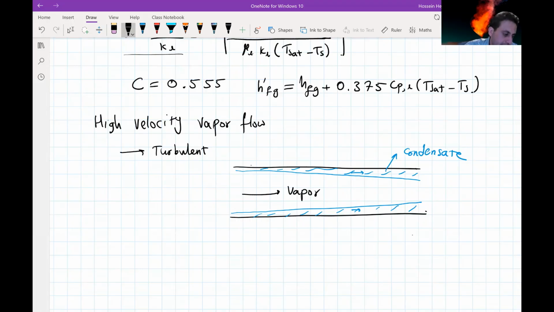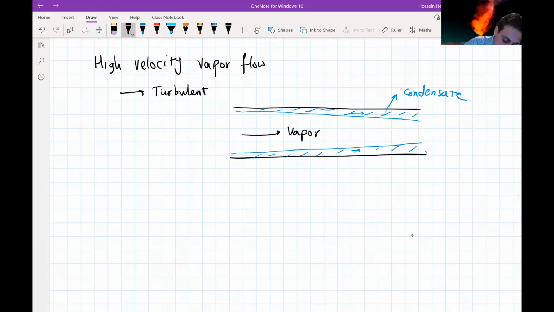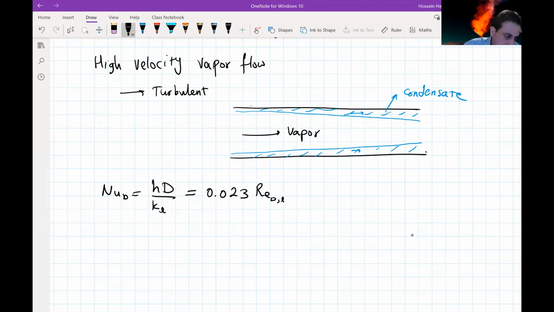The way we find this for this system is the Nusselt number D, which is h_D times D over k_L, equal to 0.023 Re_D,L to the power of 0.8, Prandtl number of L to the power of 0.4, times [1 plus 2.22 divided by X_tt to the power of 0.89].